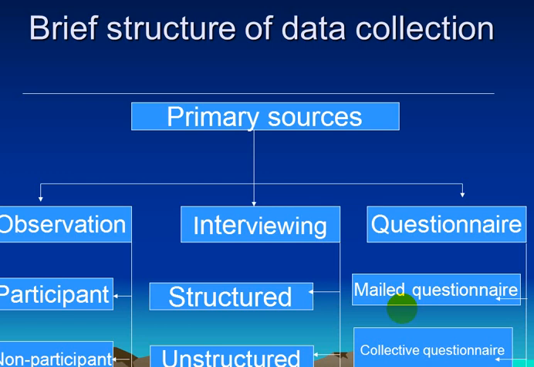Observation can be participant observation and non-participant observation. Interviewing, we have structured interviewing and unstructured interviewing. Finally, questionnaire: mail questionnaire and collective questionnaire. So we are going to study each one. All right, observation: participant observation and non-participant observation.